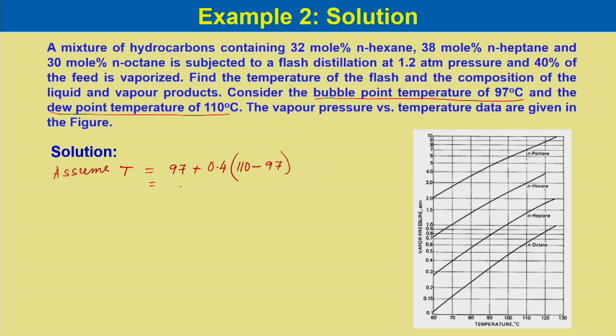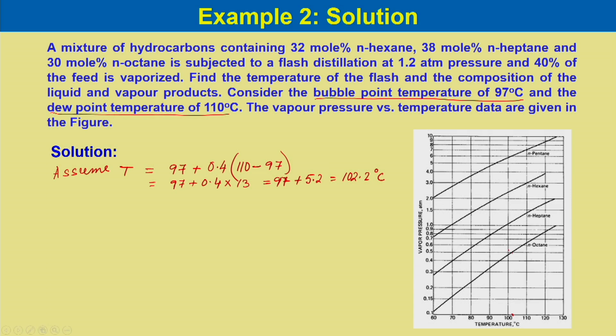So, this would be equal to 97 plus 0.4 into 13, which is equal to 97 plus 5.2, which is 102.2 degree centigrade.